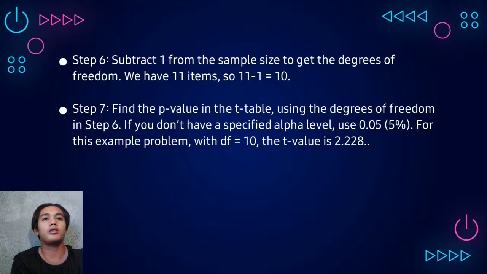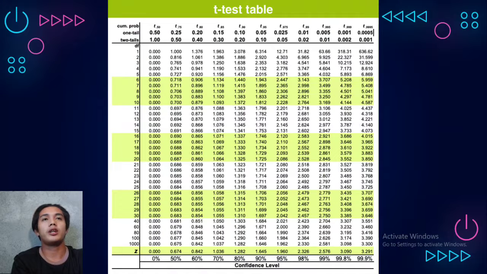For this example problem, with the df equal to 10, the t-value is 2.228. Since hindi given yung alpha, hindi naka-specify sa problem, ang gagamitin natin is 0.05. This is the pinaka-common na ginagamit na alpha.